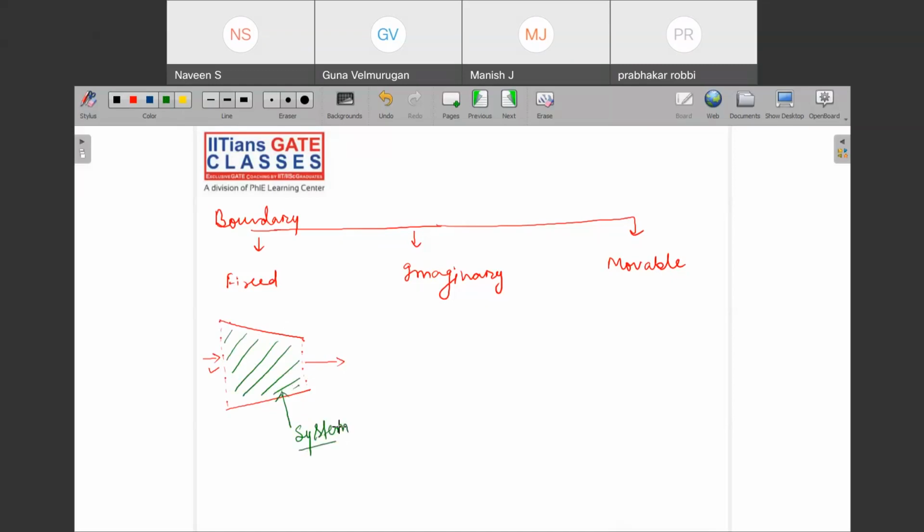that whatever will happen in this region you will study that only. You are not worried about what happens beyond this region, right? Maybe that fluid has some temperature, velocity, flow, enthalpy, entropy, and so many things. You are not worried about how the system has attained these many things.